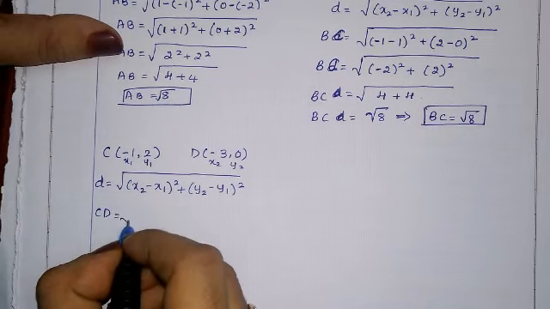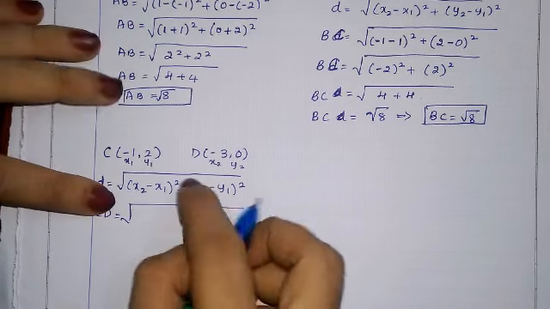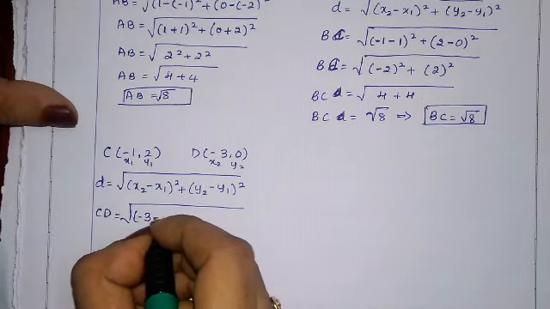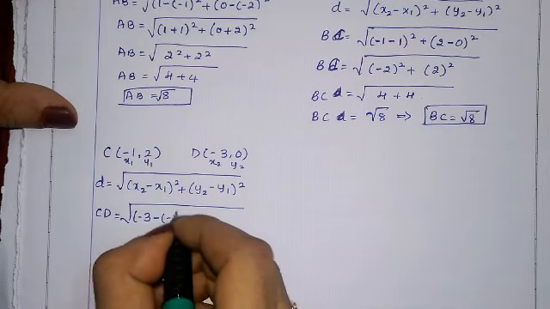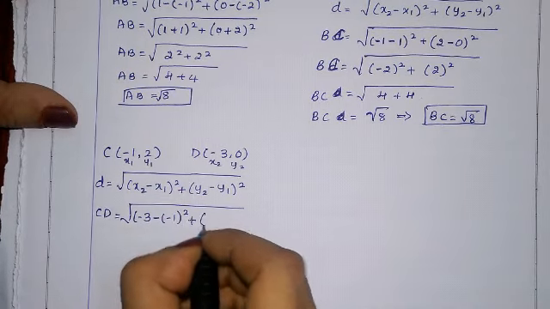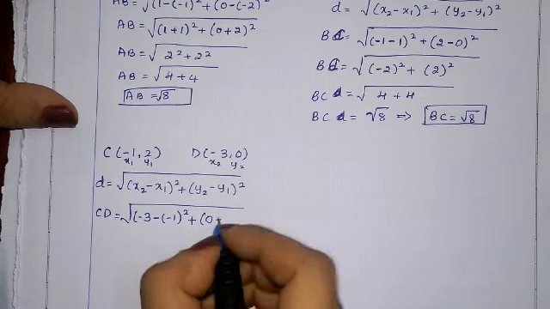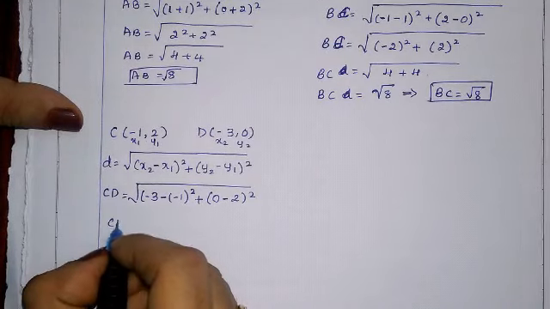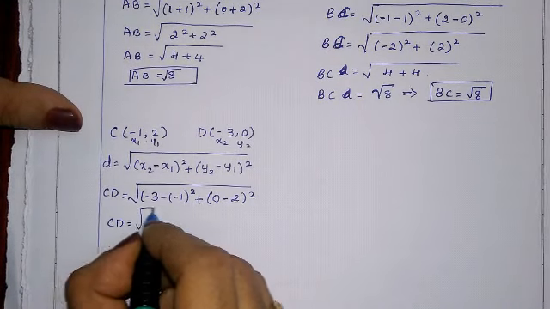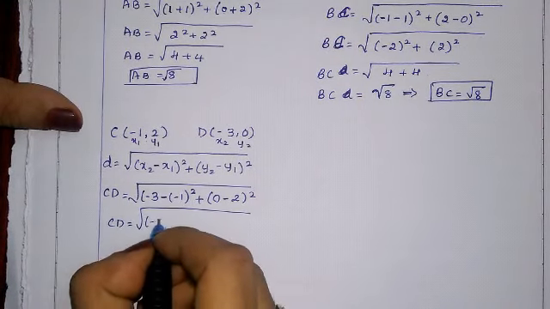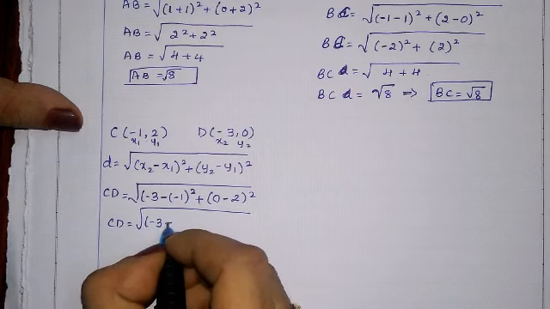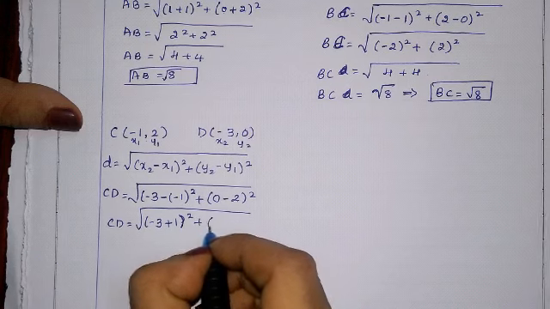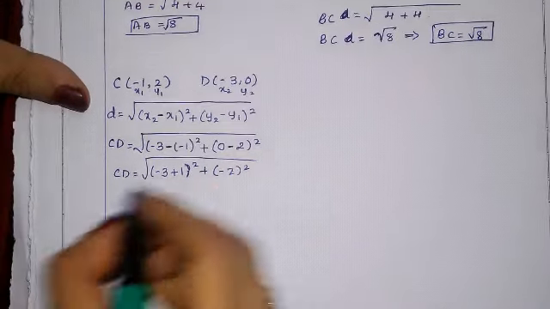CD is equal to root of (-3 minus (-1)) whole square plus (0 minus 2) whole square, which is (-2) whole square plus (-2) whole square.